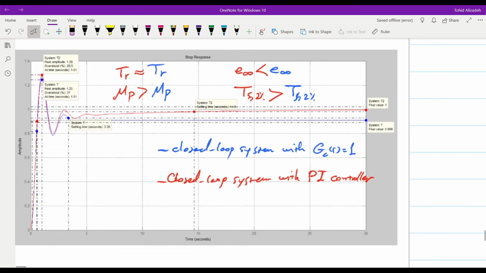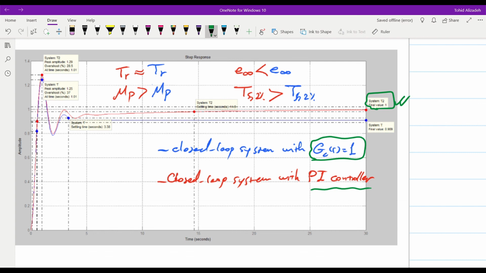Over here we have the step response. The step response is shown, and we can see the step response parameters. In blue we have it for GC of S equal to 1. In red we have it for the PI controller. With the PI controller, you see that the steady state error is equal to 0, so it satisfies what we were looking for.